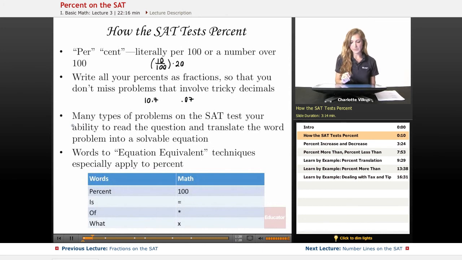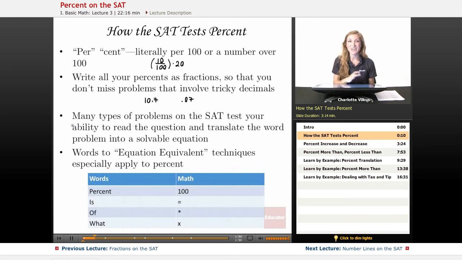Many types of problems on the SAT test your ability to read the question and translate the word problem into a solvable equation. You probably have gotten sick of seeing word problems on the SAT if you've taken some practice tests, or even if you've been watching these videos and doing the learn by example ones.